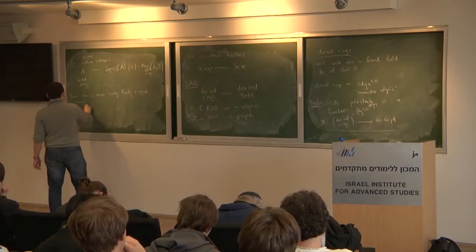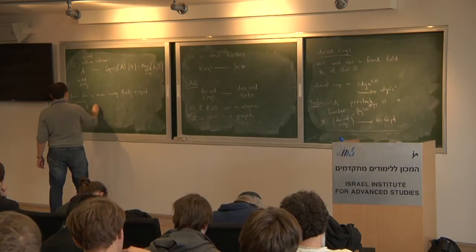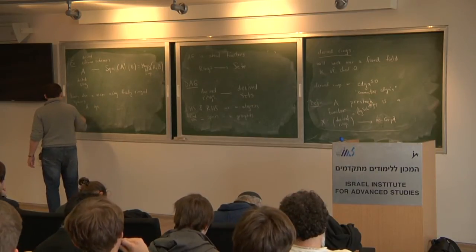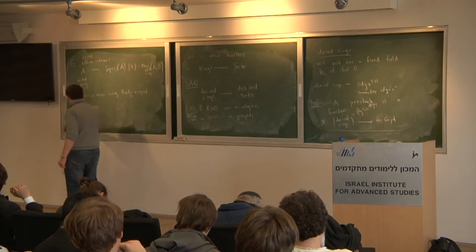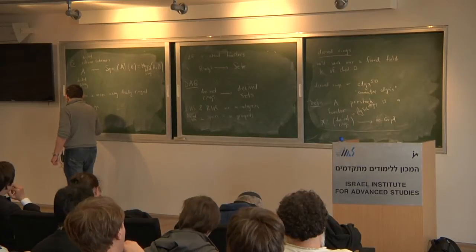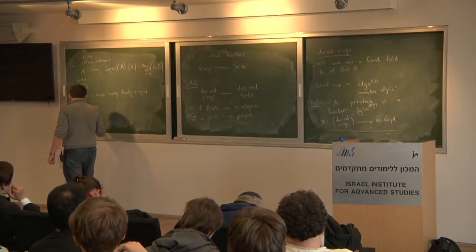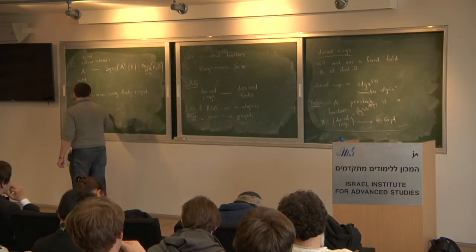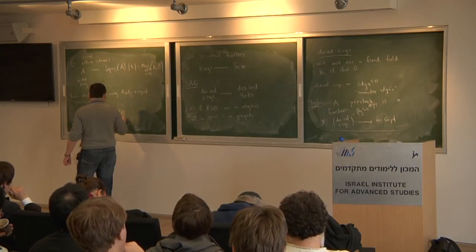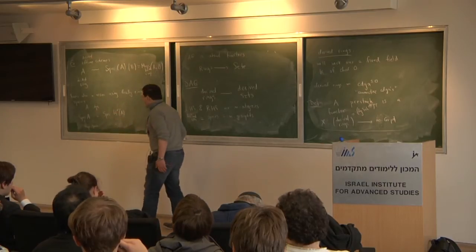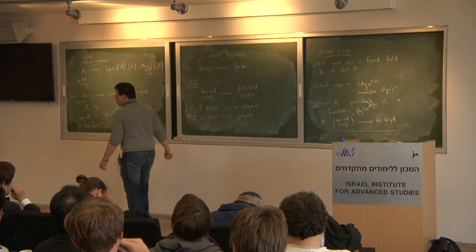So very briefly, if I have a DGA, I can define the topological space to be just the spectrum of H0 of A.